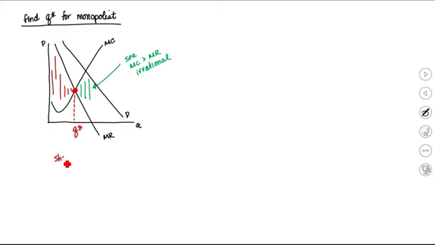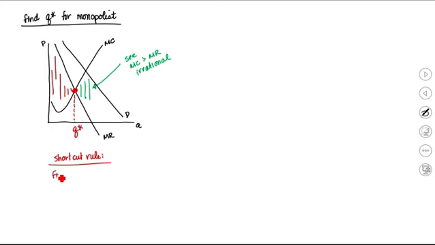So let's remind ourselves of the shortcut rule. How would I express the shortcut rule on this graph of monopoly? The shortcut rule is find the point where blank equals blank. What's the rule? Marginal cost intersects marginal revenue.